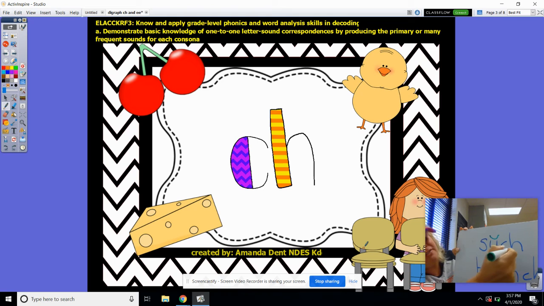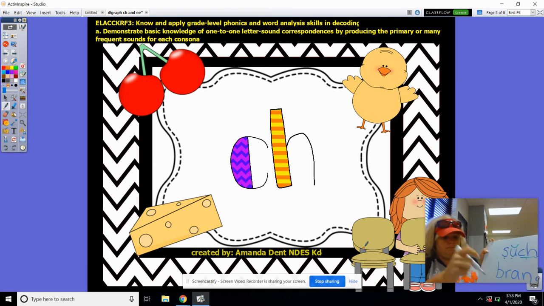So how do you code the digraph? You underline it. So now let's read this word together. Such. So I see 4 letters, 1, 2, 3, 4, but I only hear 3 sounds.